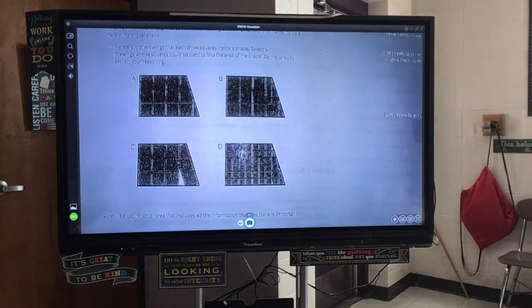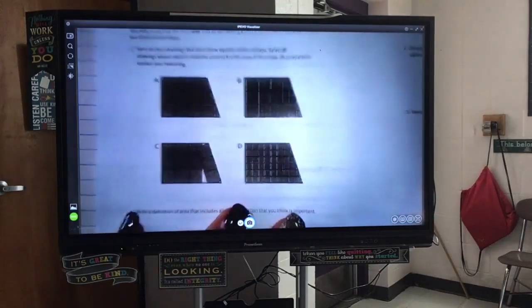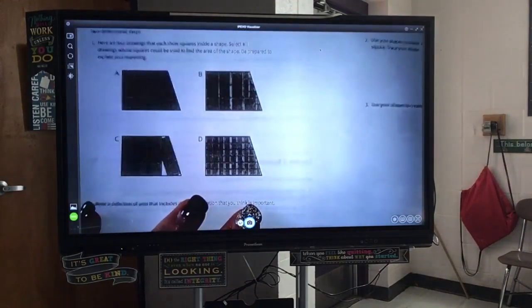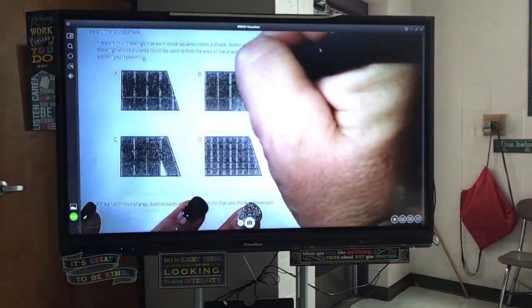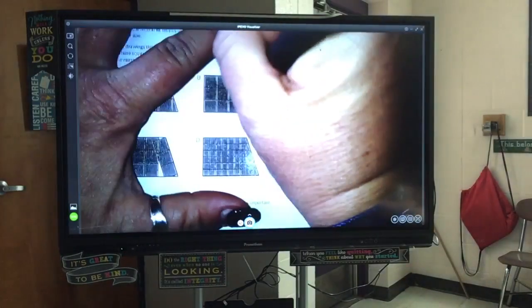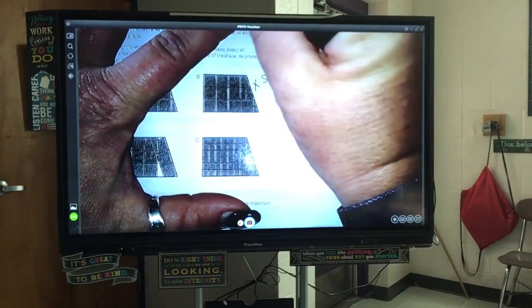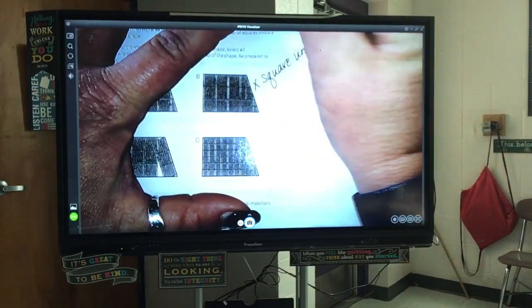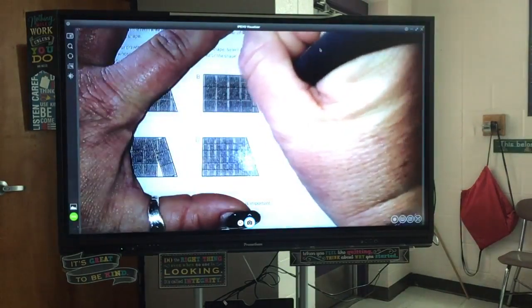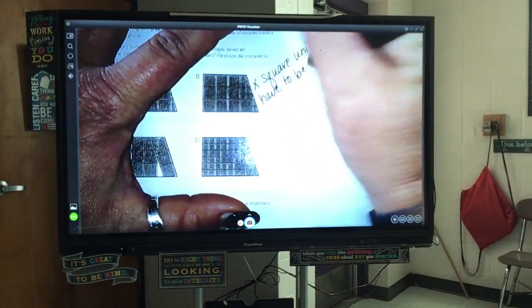So let's go ahead and talk about B because nobody picked B. So why did nobody pick B? Like, what was your reasoning for not picking B? Luke? Because you know how there were big squares and there was little squares, so I was saying because they're not even squares. All right, so essentially the square units have to be exactly the same size?